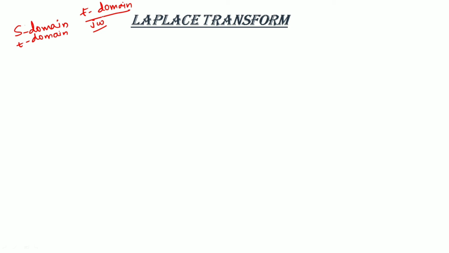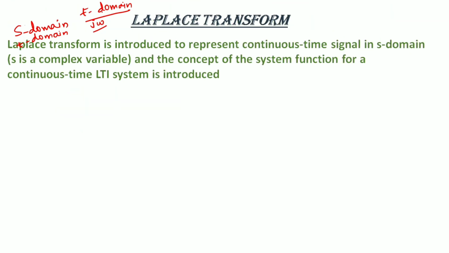So a Laplace transform is introduced to represent continuous time signal in S domain, where S is a complex variable. That means we have S equals to real plus imaginary part, that is J omega. And the concept of system function for the continuous time LTI system is introduced.